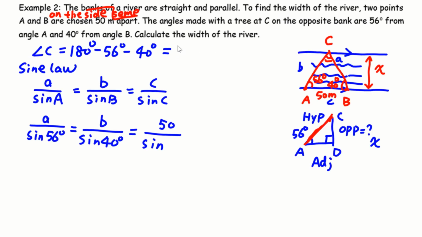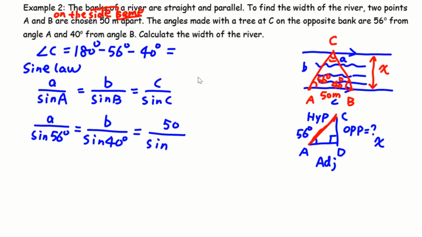Minus, you will have 84 degrees. So sine 84 degrees. Then we want to find the common side. Most of the time, if you have more than one triangle, we want to find the common side.